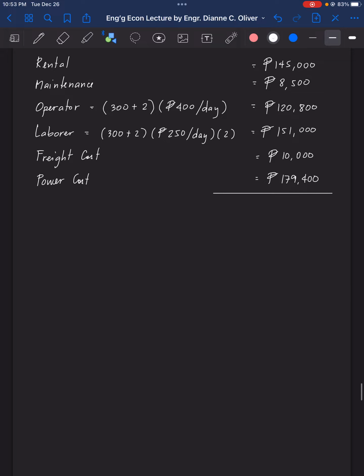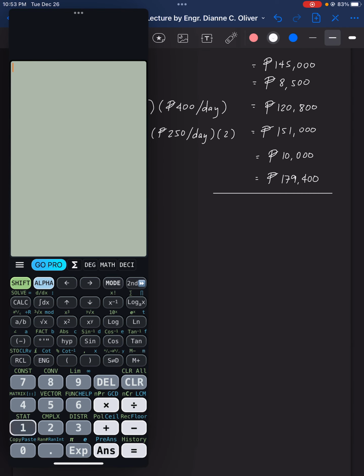So what's now the total cost here? So 145,000 plus 8,500 plus 120,800, 151,000, 10,000, 179,000.